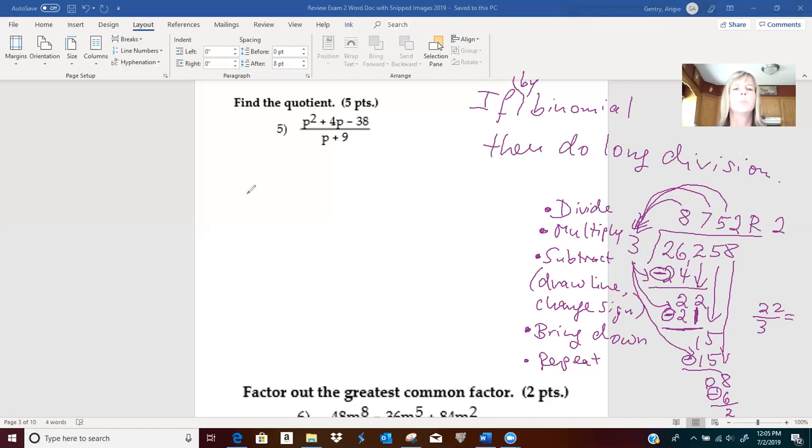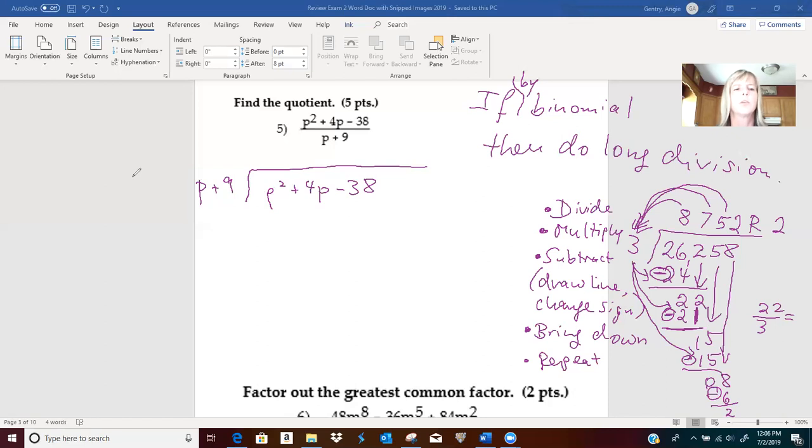Now we're going to use the same process when we do the long division on a polynomial. We put this thing in the front, and then we put this underneath. Okay, so your first question: you don't ask p plus 9 goes into it, you just start with the p, and you say p goes into p squared how many times.